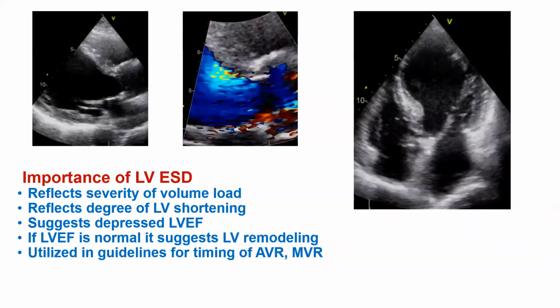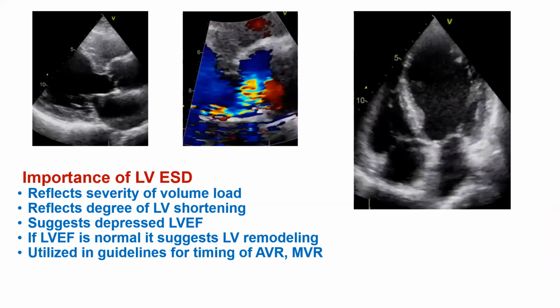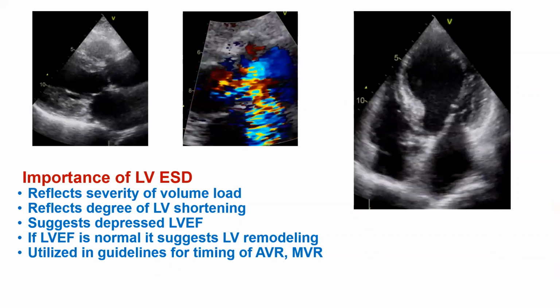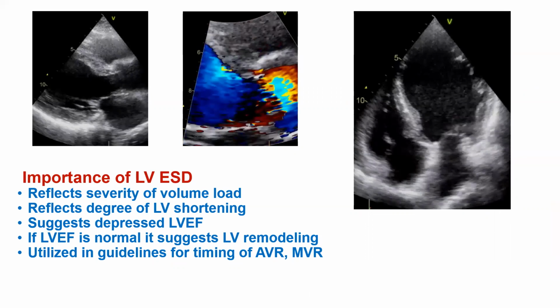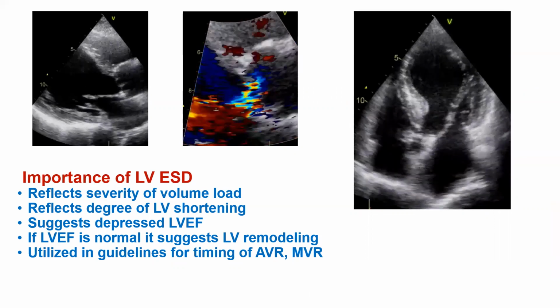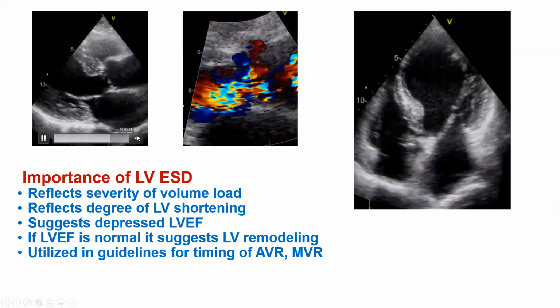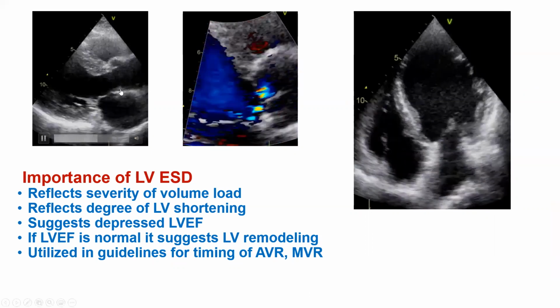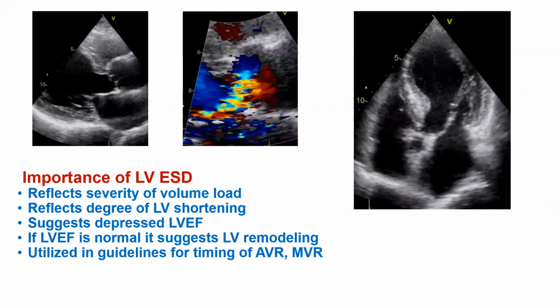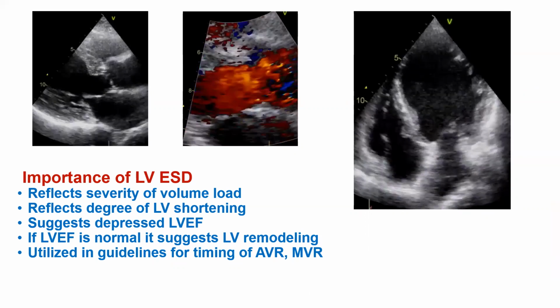Now, the end systolic dimension of the left ventricle actually contains a lot of information, and it is important that we get this right. The end diastolic dimension gives you a handle on the overall left ventricular volume.